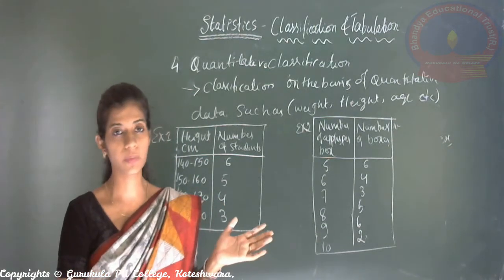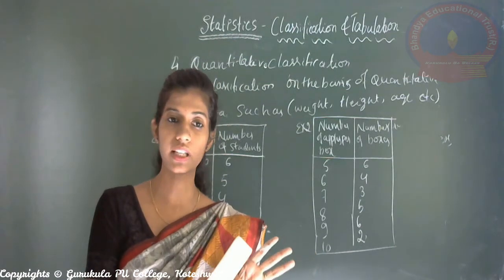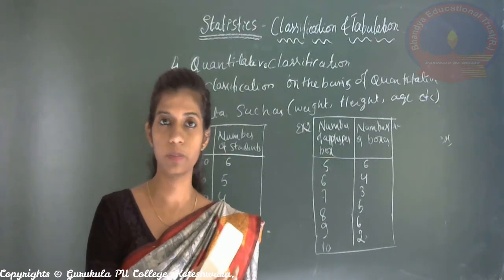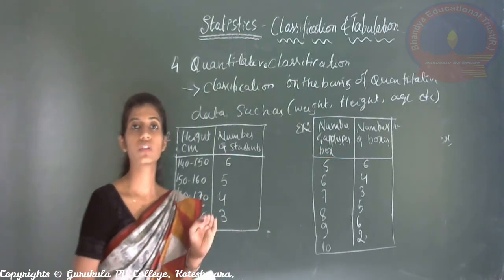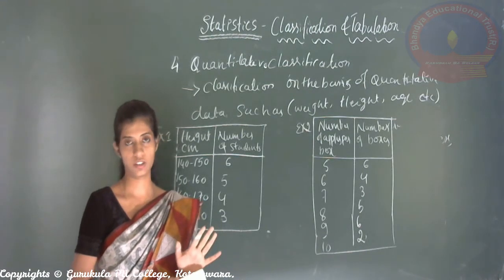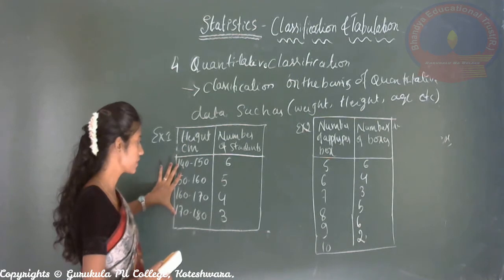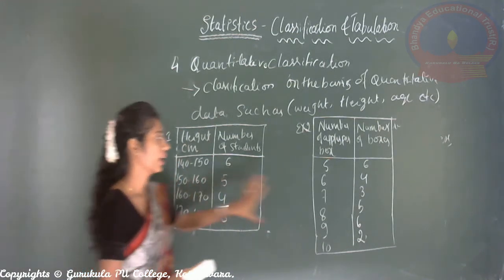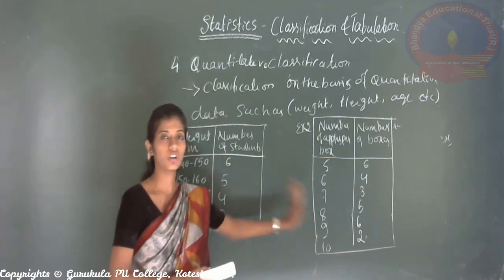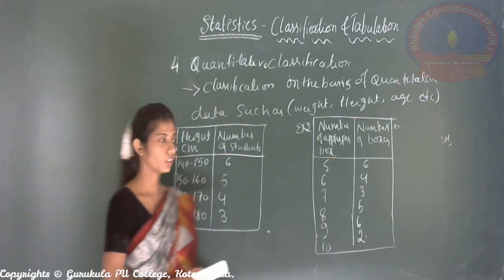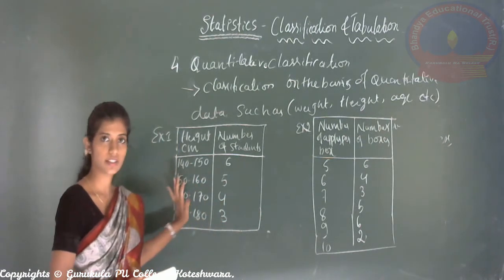In the previous example, what did I do? I only gave information, it may be male or female, or married or single. But compare it, here I can express in terms of numbers. Also in this example I have mentioned all the numbers. You can observe that this and this are not the same.